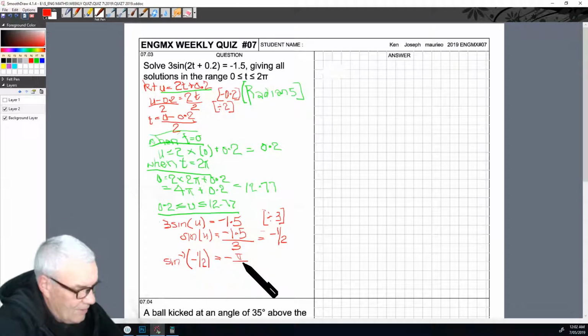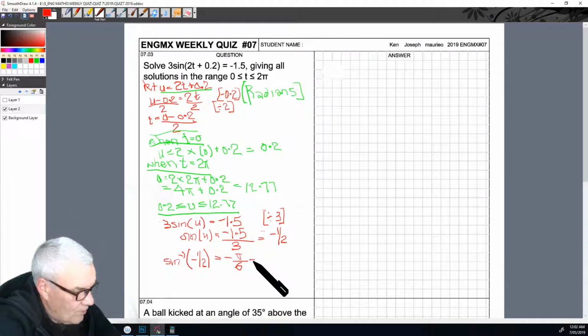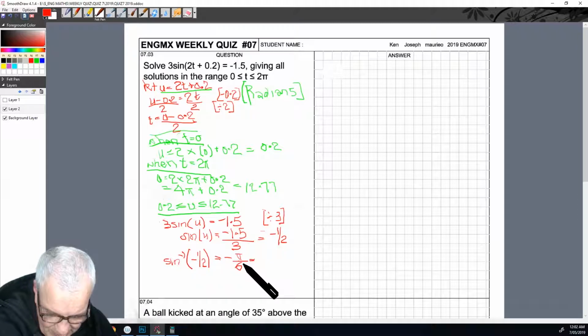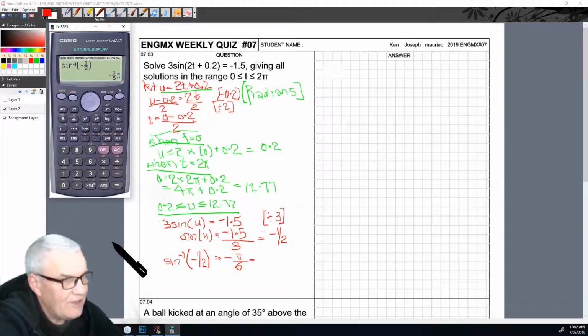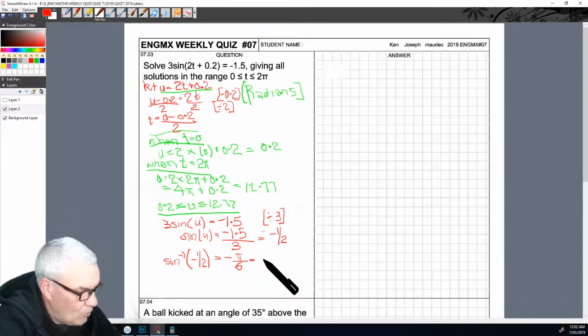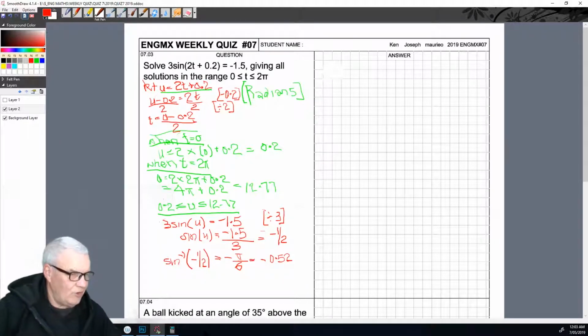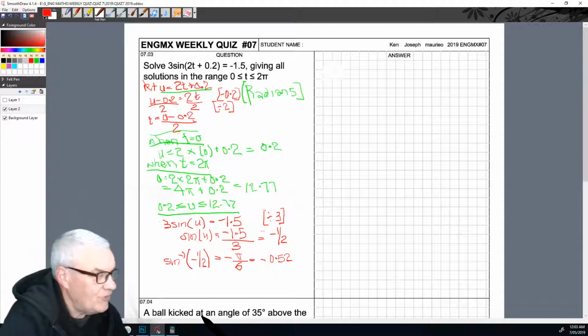Negative pi by 6, which equals, on our calculator, we just push this button here, negative 0.52, or negative pi by 6.